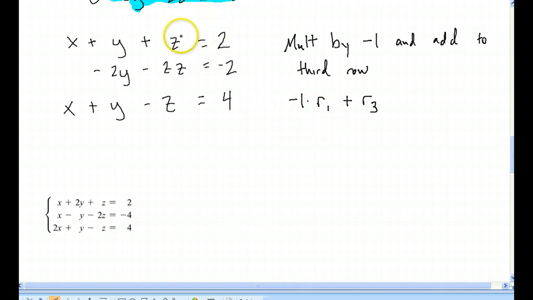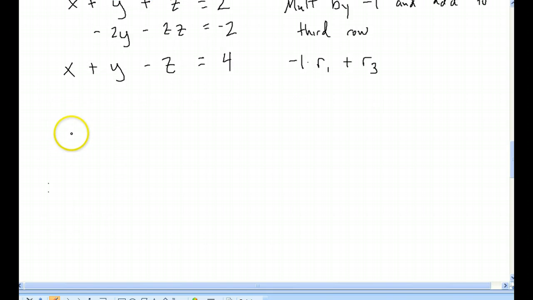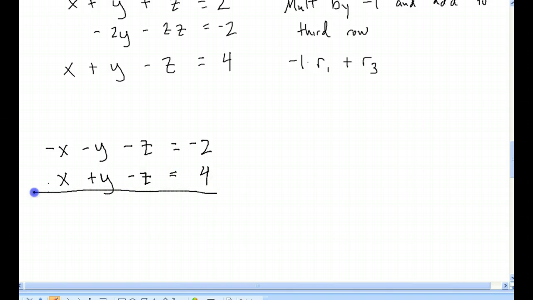Okay, so I'm going to multiply this row up here. Again, negative 1 times r1, just like it was before, is negative x minus y minus z equals negative 2. And then r3 is x plus y minus z equals 4. Alright, and then if I add these two together, these cancel, these cancel.